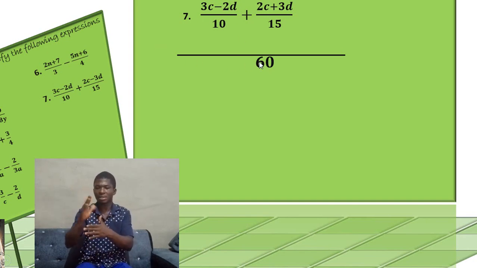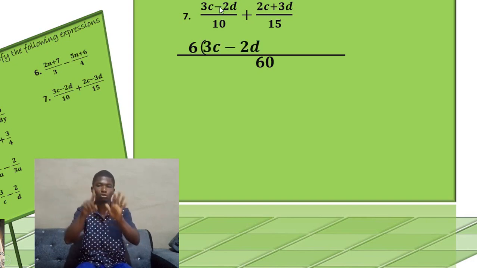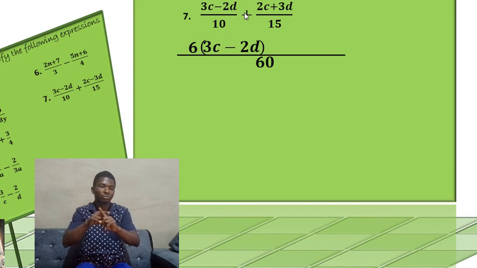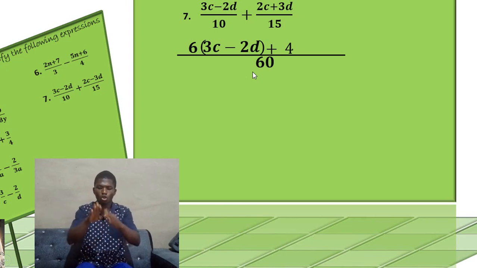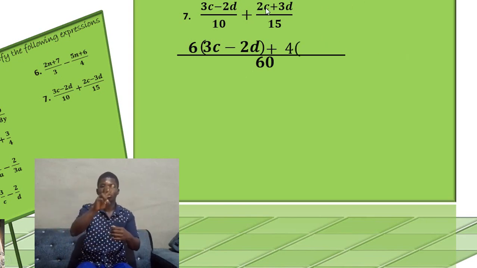So you write out the 6, then you multiply what you have here, 3c minus 2d. Let's close the bracket. Then this positive sign, you bring it down. 15 dividing 60, that's 4. Open your bracket, then you have 2c plus 3d up here.